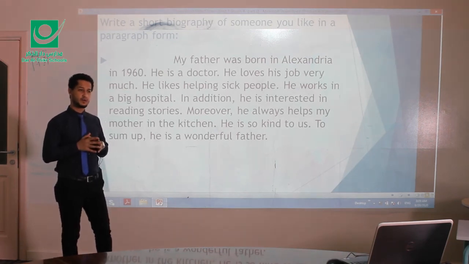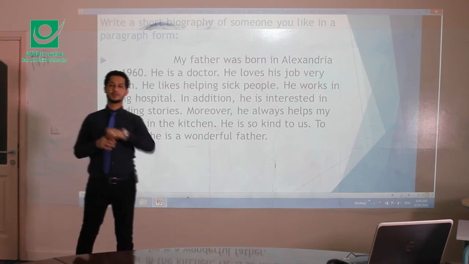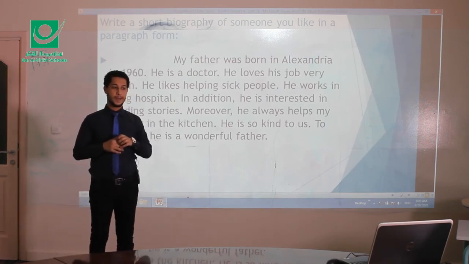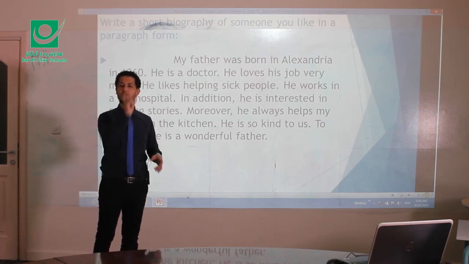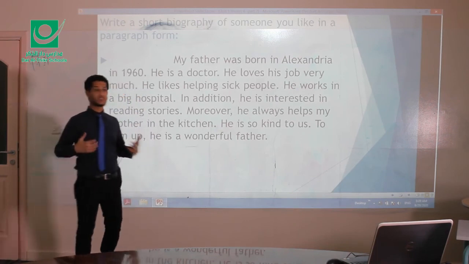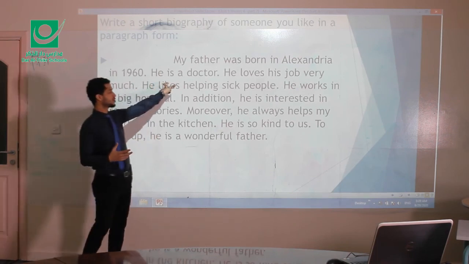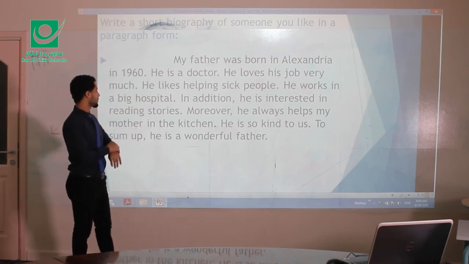Okay, I'll give you some pieces of advice to write a paragraph without mistakes. You have to leave a space first, and then write short sentences. To become professional in writing, start writing short sentences. After that, you can write longer ones easily, okay? Like he's a doctor, short sentence. You can't make mistakes in this way.